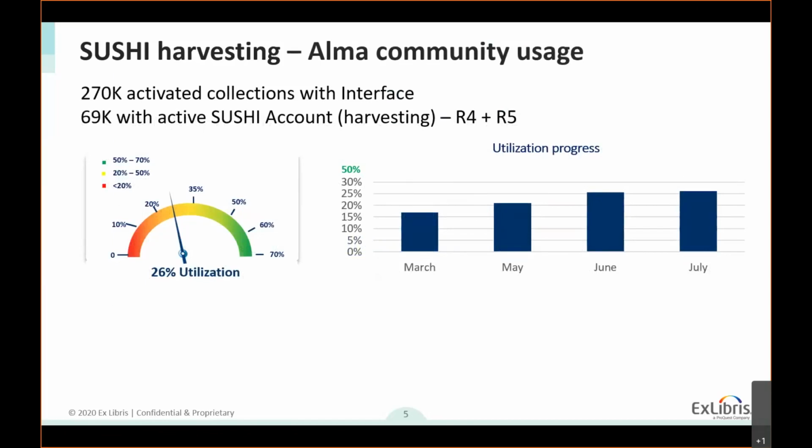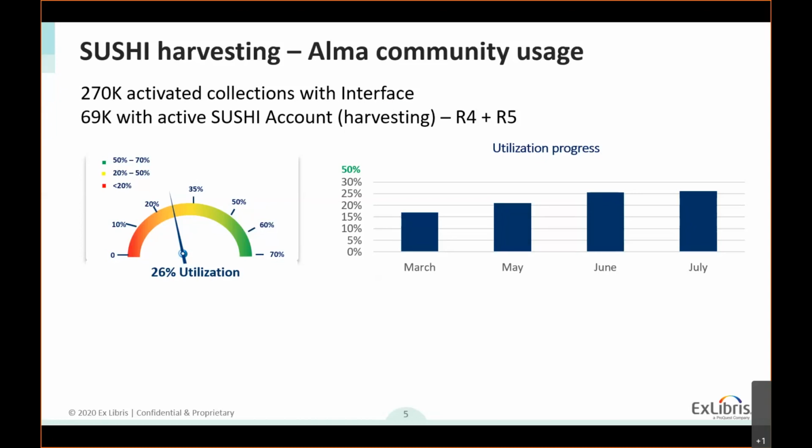This is essentially the potential of collections which can be harvested for usage data. And we've seen that from 270,000 collections which are activated throughout the institutions of Alma, 70,000 are actually using the option to do SUSHI harvesting, which is great. It's a good number, it's 25%.